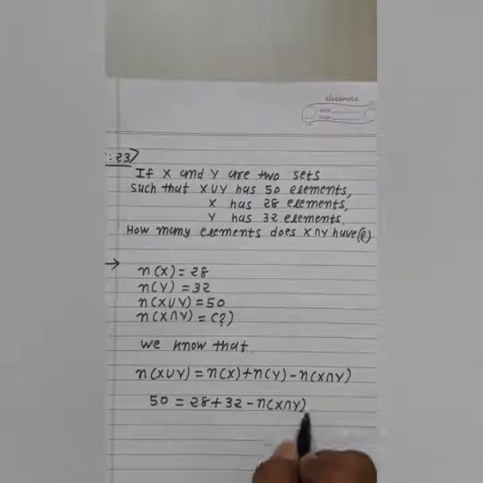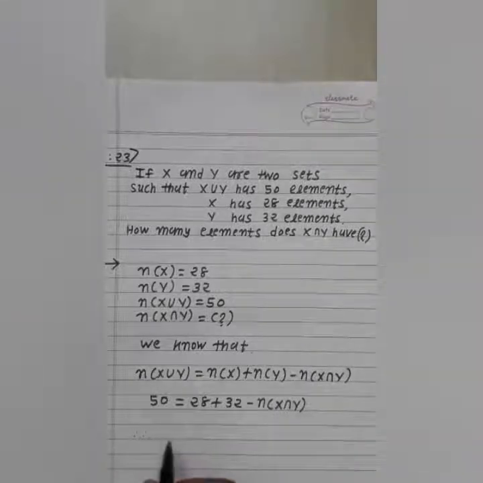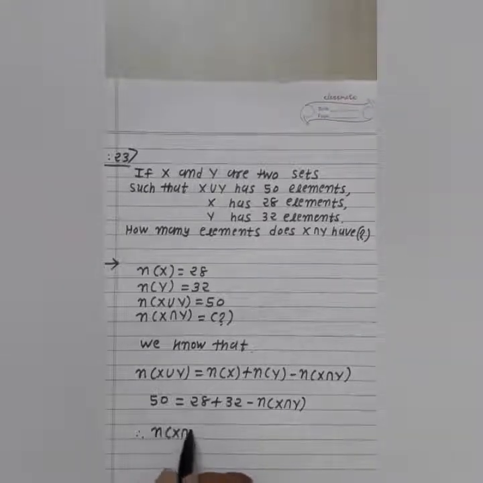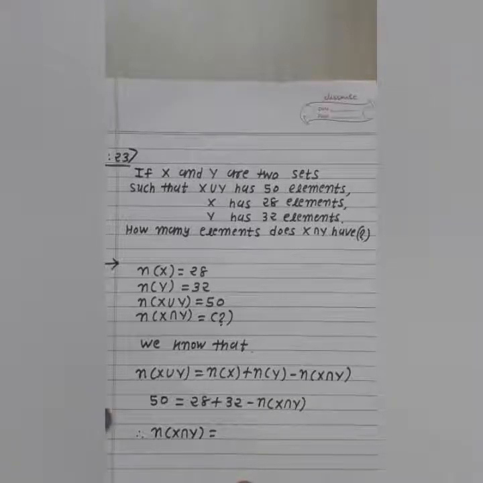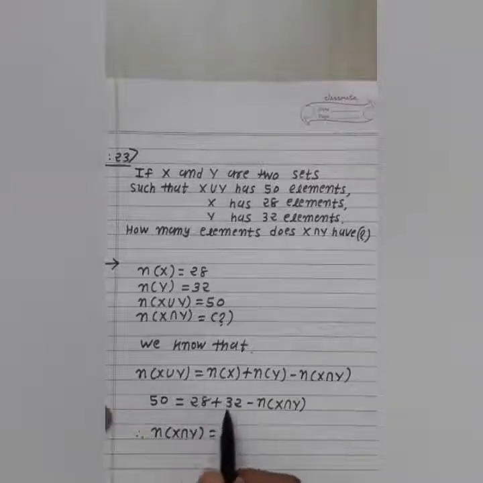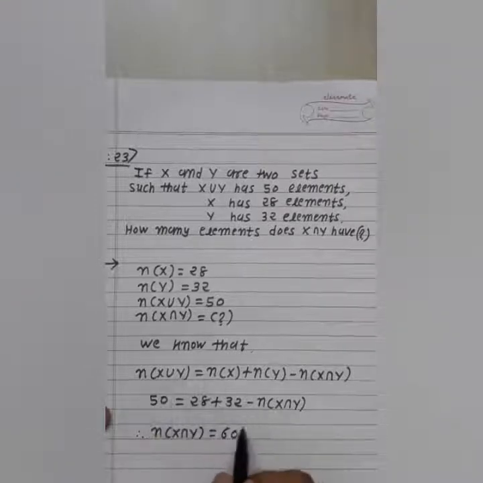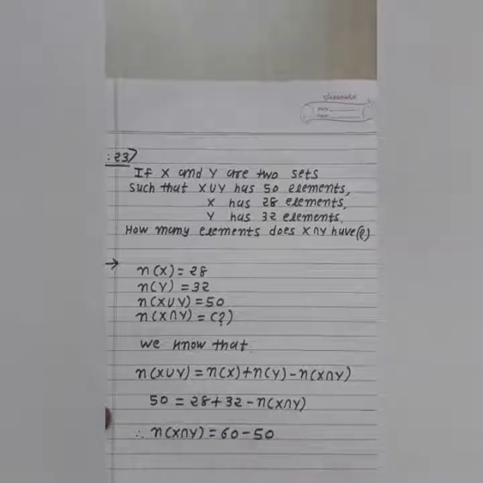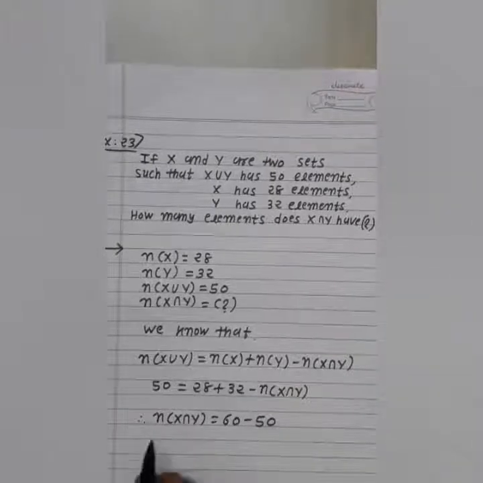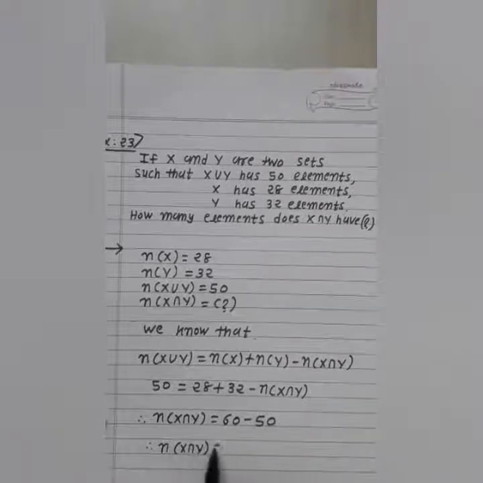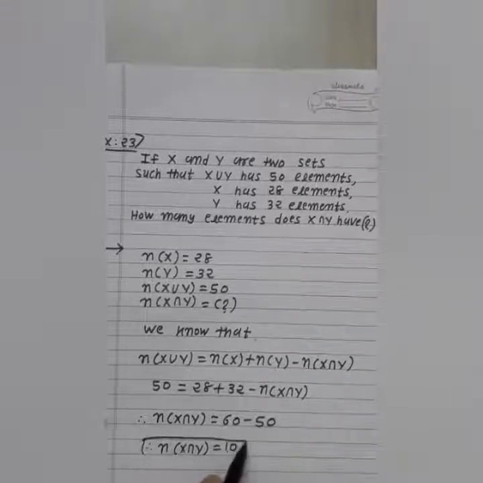So n of x intersection y is written on the opposite side and the sign changes. Now 28 plus 32 means 60, and 50 is written on the opposite side, so change the sign to minus 50. Therefore n of x intersection y is equal to 10.